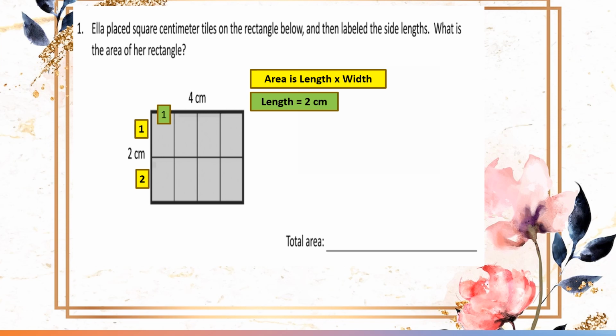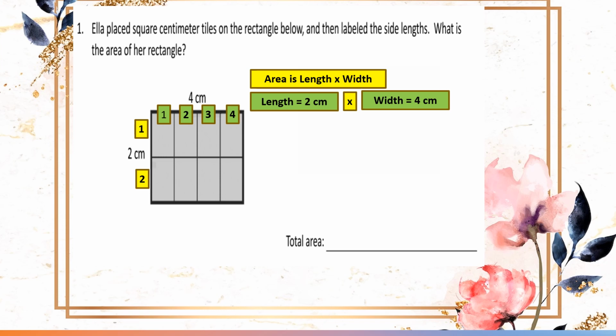So let's count 1, 2, 3, 4. 4 squares make up the width. So, since area is length times width, then our formula is 2 centimeters times 4 centimeters. That's going to be our equation.